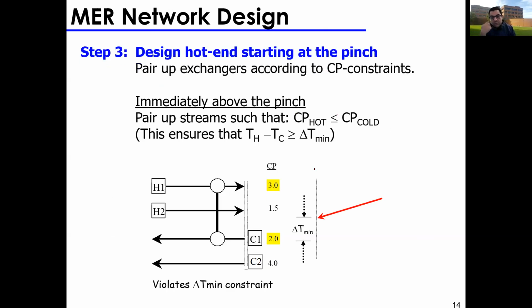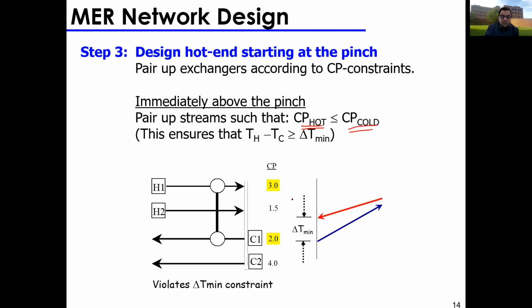First of all, let's look at the hot pinch, or the left-hand side, or above the pinch, whatever you want to call it. On this side, I'm going to pair up exchangers according to CP constraints. Above the pinch, you need to pair up streams such that CP hot is less than CP cold.